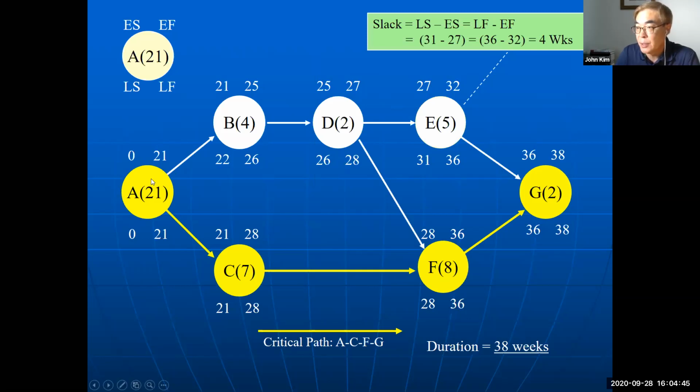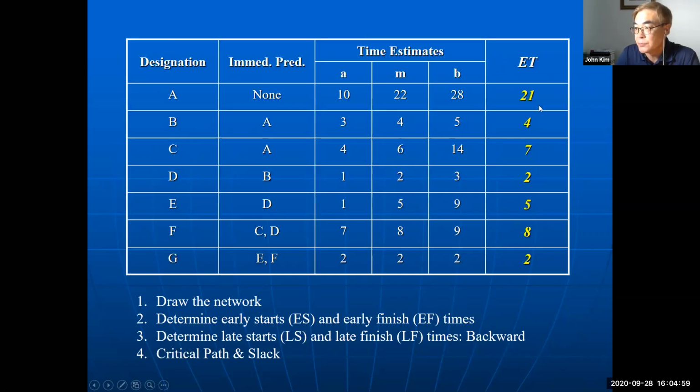Then activity time, this one is actually expected time. So 21, 4, 2, 5, 2, 8, 7 from this chart. For a single activity time, we did determine early start and finish time and late start and finish time, but this time we don't need them.